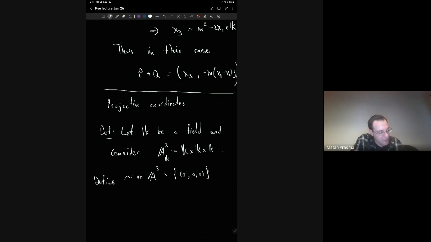I want to define an equivalence relation, which I call tilde, on the collection of all points in the affine three-dimensional space without the origin. I do so by setting (x, y, z) equivalent to (lambda x, lambda y, lambda z) for any non-zero element lambda.